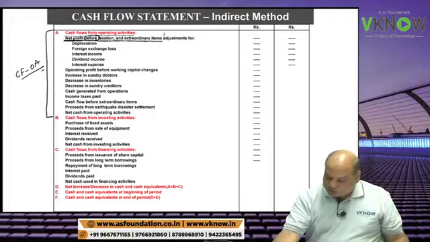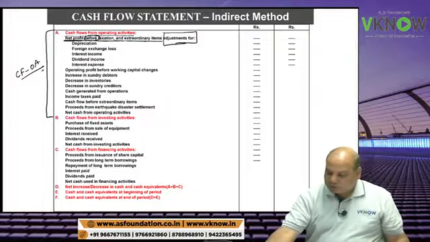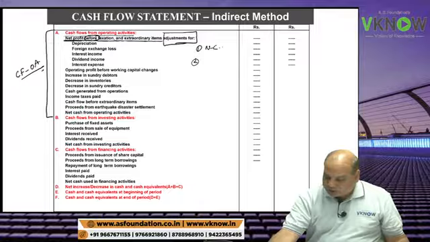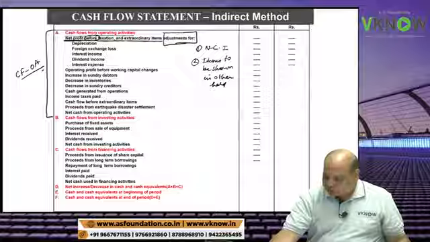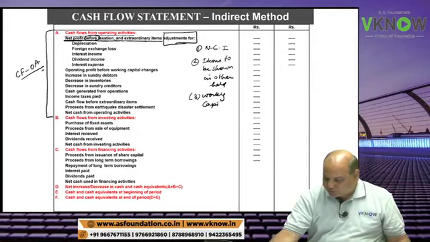Then you will make adjustment for three types of items: non-cash items, items to be shown in other heads, and the third type of adjustment is called working capital adjustment.